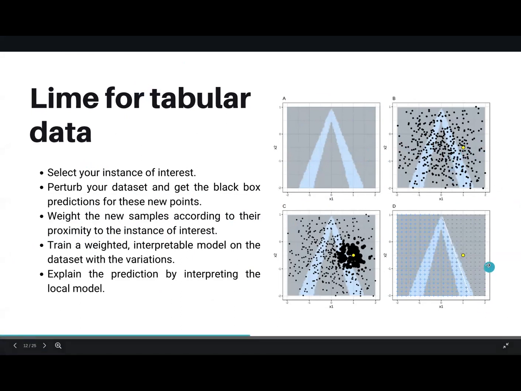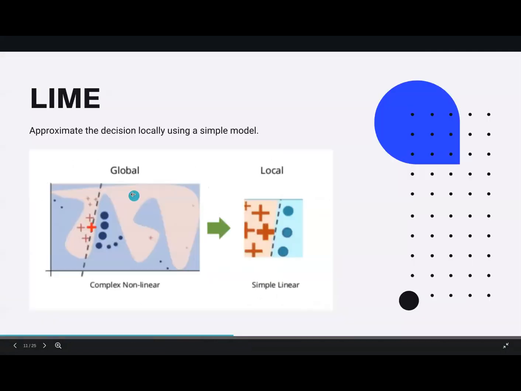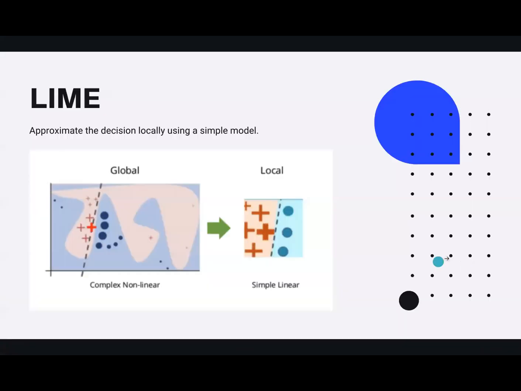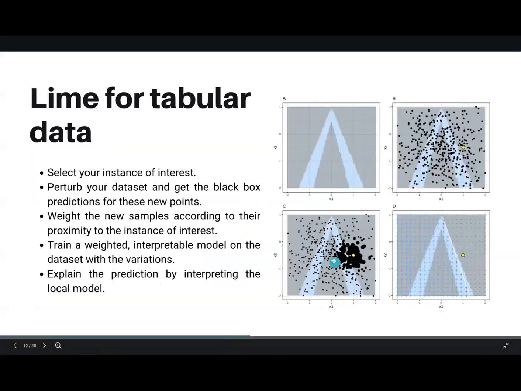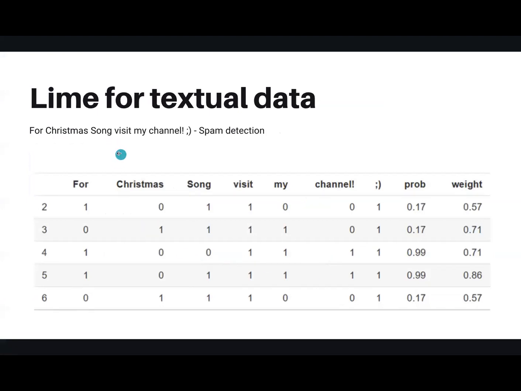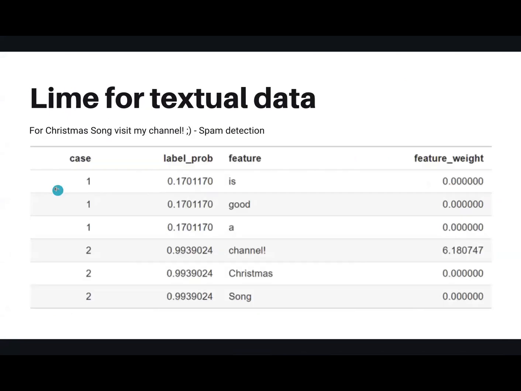In this case, it's, I don't know, a linear regression or some sort of decision tree model. And then, of course, explains the prediction by interpreting that local model. So it's a very simple algorithm, right? LIME is a very simple technique. And since it's very simple, we can apply it to as many types of data as we want.